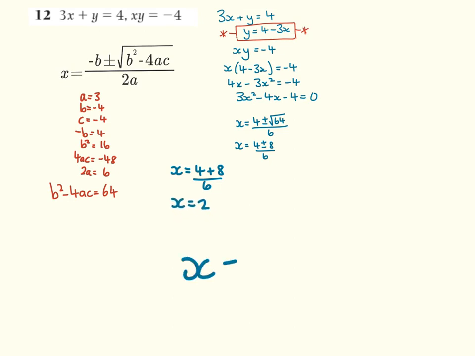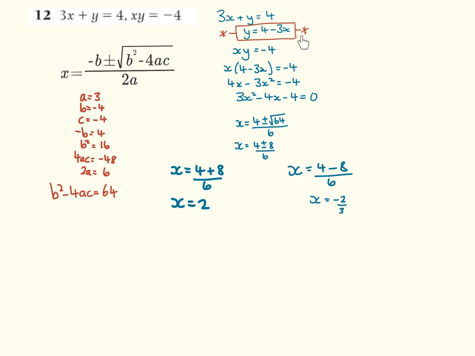And the next one then obviously is going to be 4 take away 8 divided by 6, okay, which is going to be negative 4 over 6, which will be cancelled down to negative 2 over 3. Okay, I'm not going to write that as a decimal because it's going to end up giving me a long recurring decimal, so I'm just going to leave it as a fraction, negative 2 over 3.